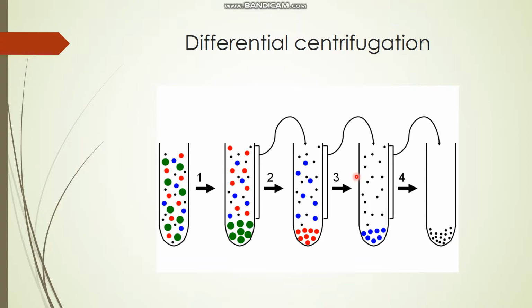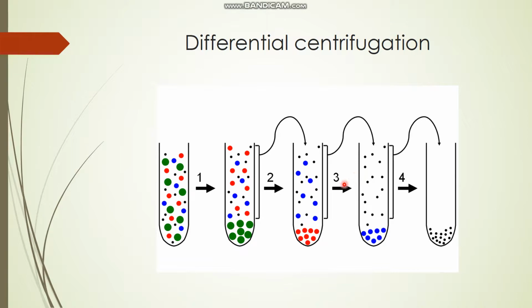Now what we do in it is use a series of increasing speeds, and at each step, the contents which make the sediment at the bottom of the tube are called pellet.